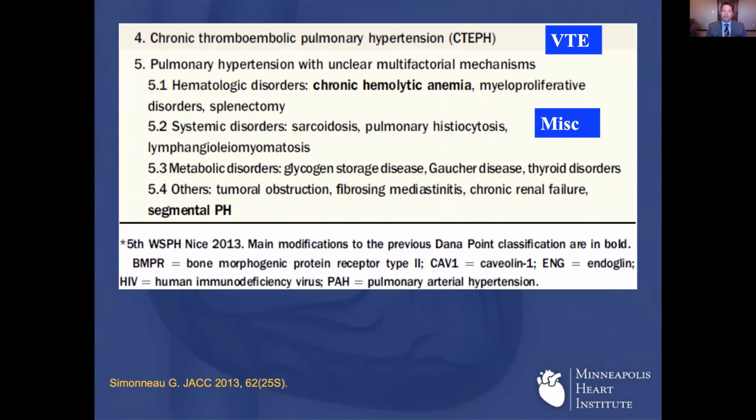And then group 5 is a less clear category that is a grab bag, so to speak, of different disorders, such as the myeloproliferative disorders, like essential thrombocytosis or polycythemia vera or chronic hemolytic anemias, other systemic disorders such as sarcoidosis, metabolic disorders such as thyroid disease, and then other disorders such as tumor obstruction, fibrosing mediastinitis, chronic renal failure, either with shunts or without, and segmental pulmonary hypertension.